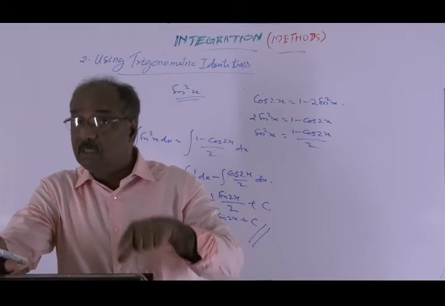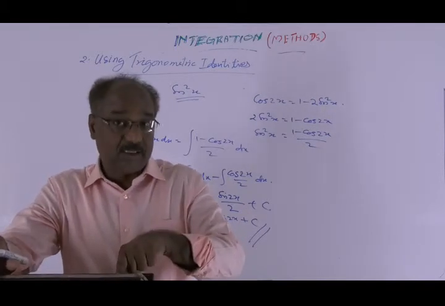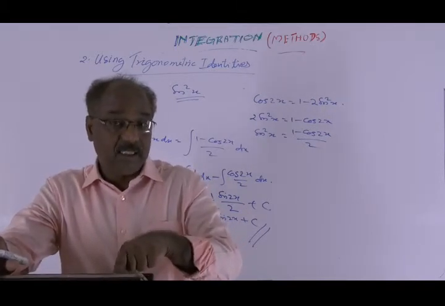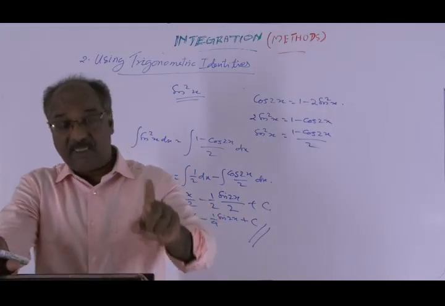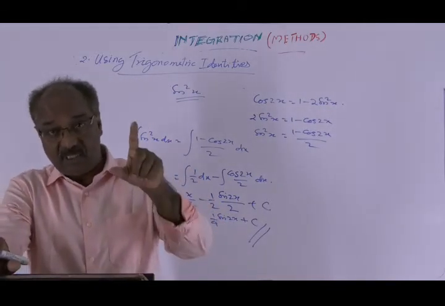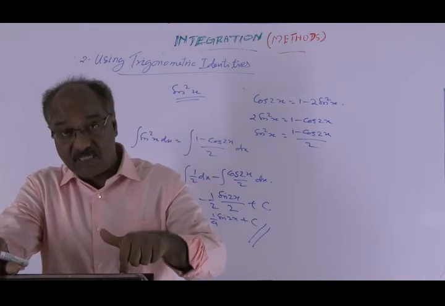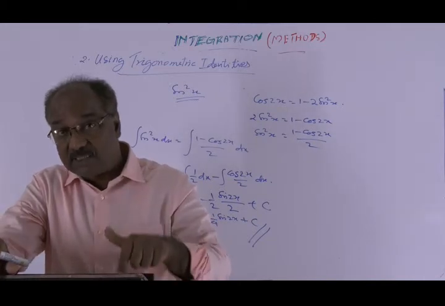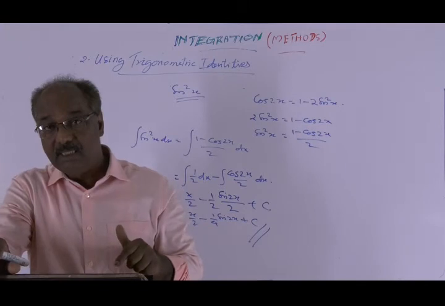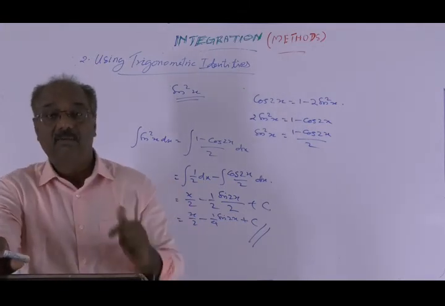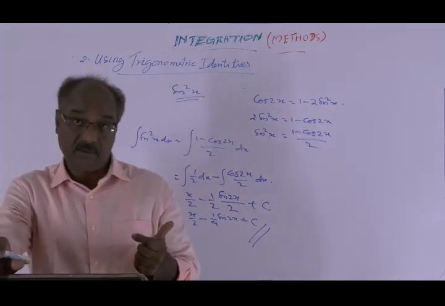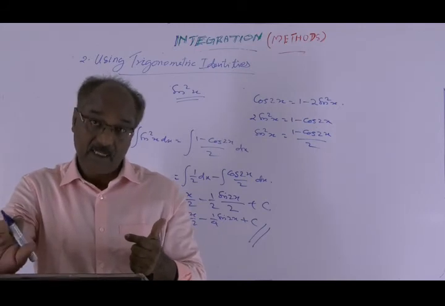And remember, when we use this identity, when we separate the function which is to be integrated in terms of other functions, those other functions should be integrable, with the known integrals. That is important. Okay? That's all.